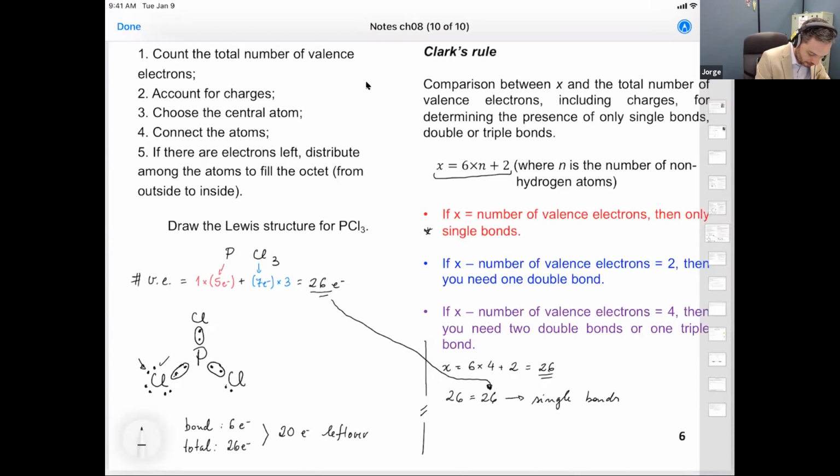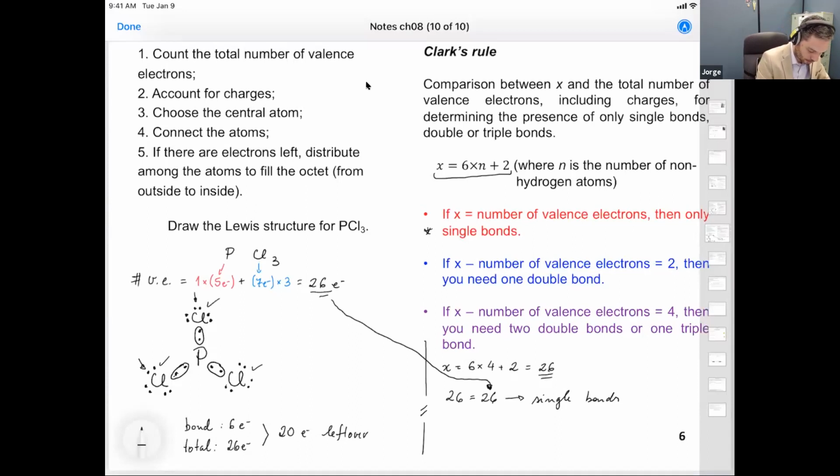The same thing for the other chlorine. Only 2 electrons here, so we need 6 more. Now we have 3 lone pairs, plus 2 from the single bond, which fills up the octet. And the chlorine on the top of the structure is the same thing. 2 electrons, we need 6 more around it to fill up the octet.